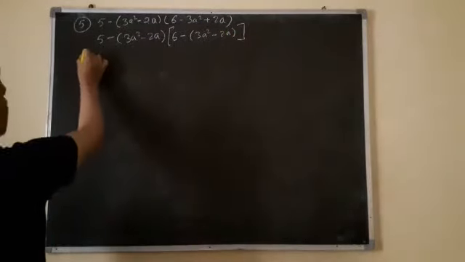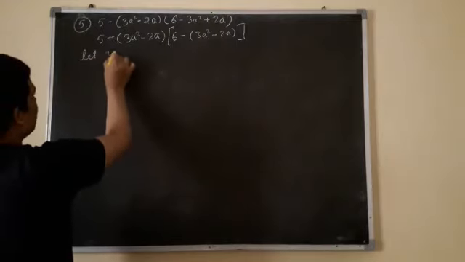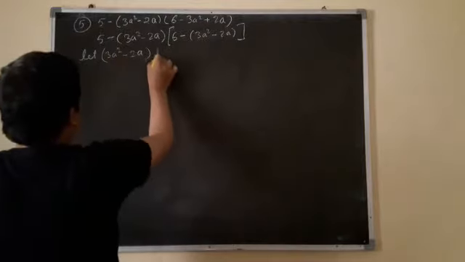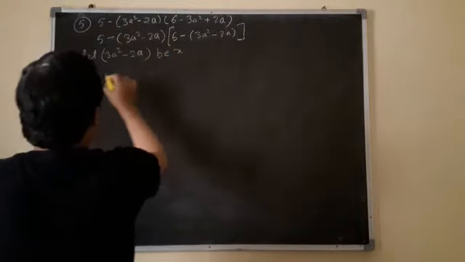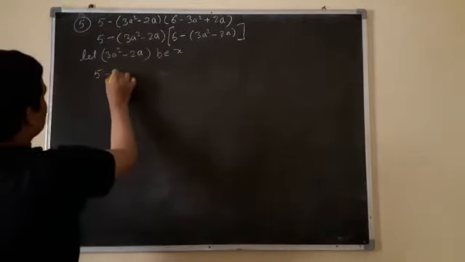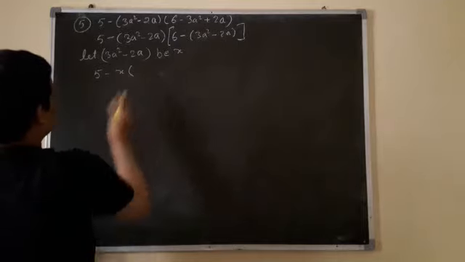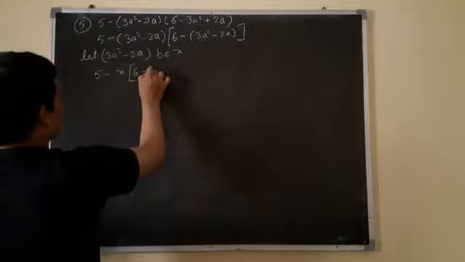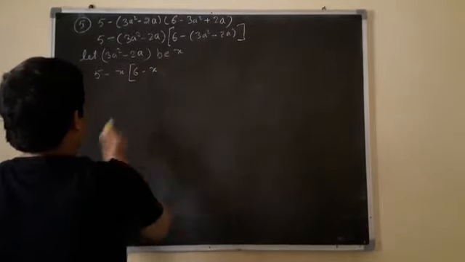Now we will assume let 3a square minus 2a be x. So we will write 5 minus x and 6 minus x.